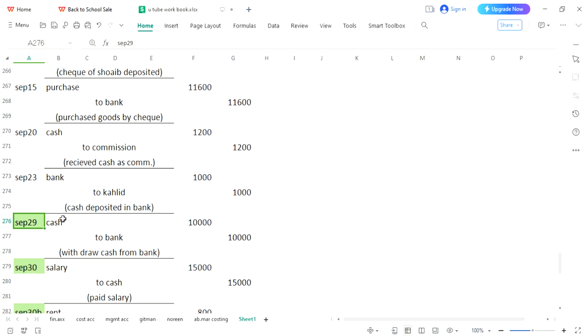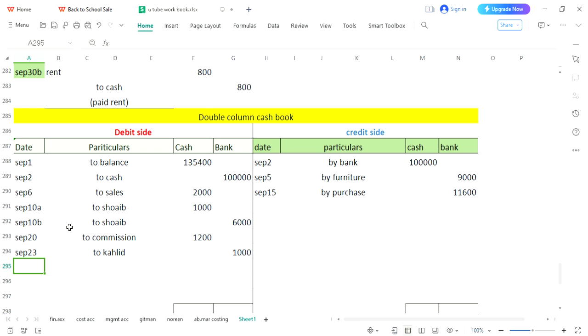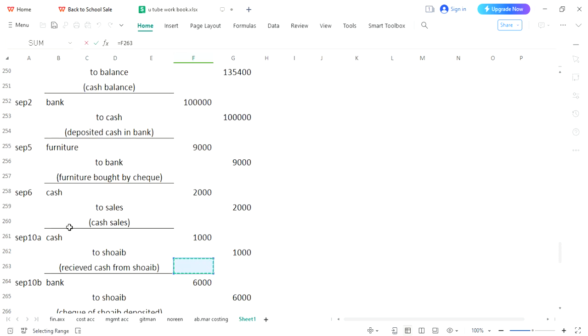September 29 again contra entry. Please understand, when cash and bank both are present in the entry, it is called contra entry. September 29 first part, cash debit. So you will put September 29 where cash is present on debit side.